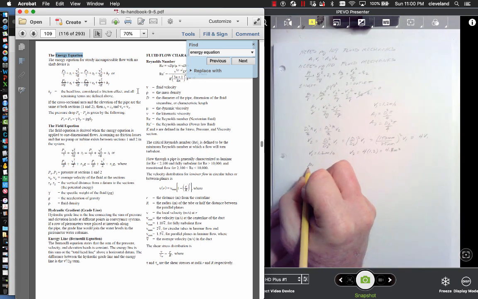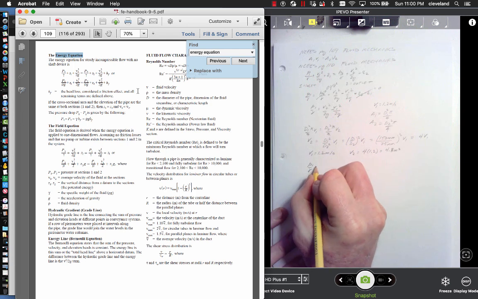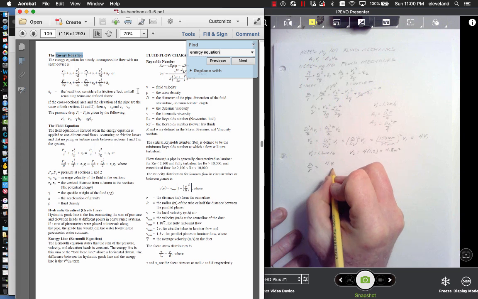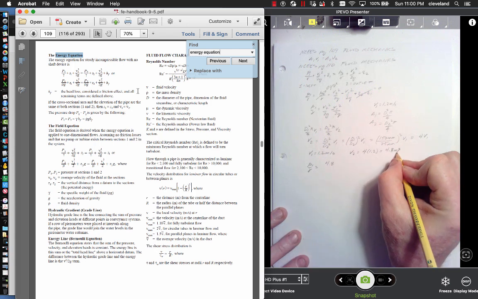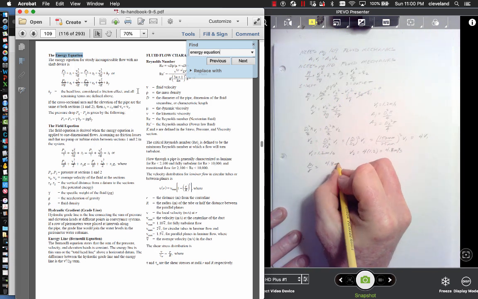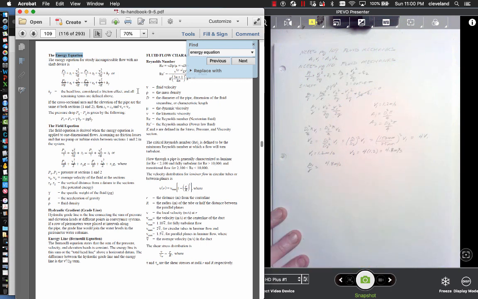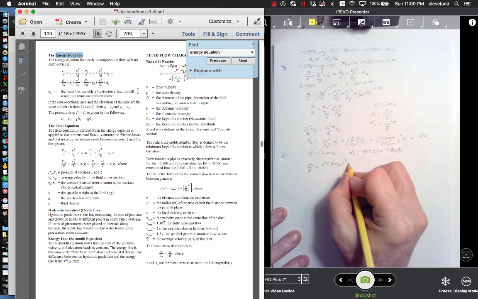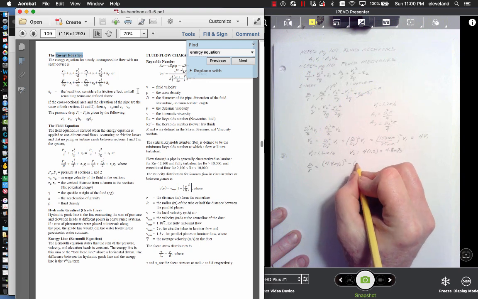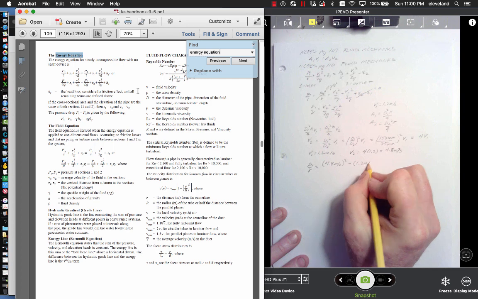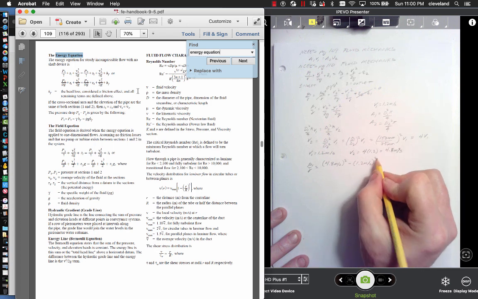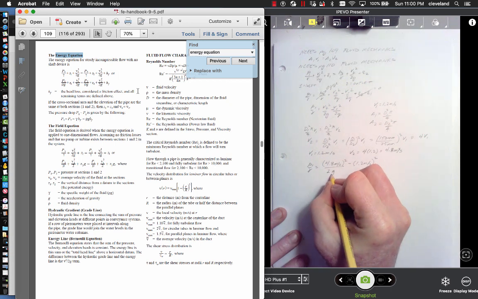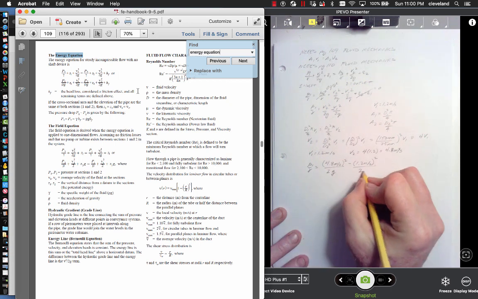So now we have P1 over gamma equals 4.8 meters per second, squared, minus 1.2 meters per second, squared, over 2g.